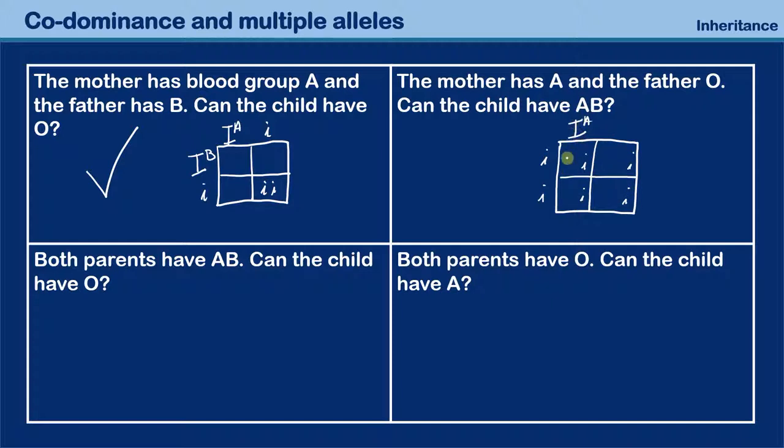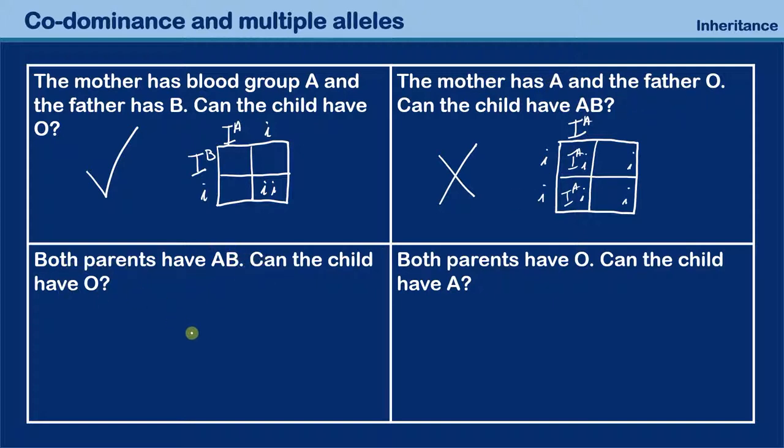This one is also clear, IA. How can you get AB in this situation? I don't see any way to get blood group AB, because the father is only able to donate a recessive allele, so this does not work out. So if the child has blood group AB and the mother has A, then you know it must be a different father.